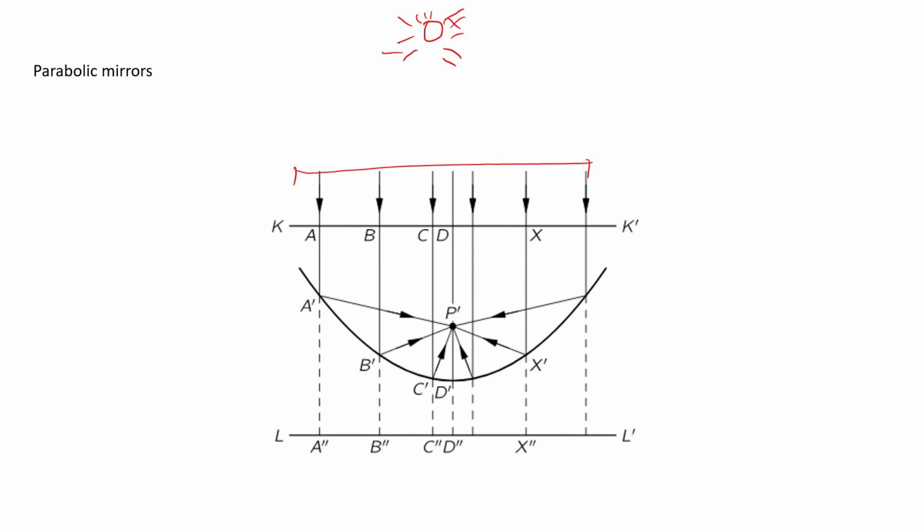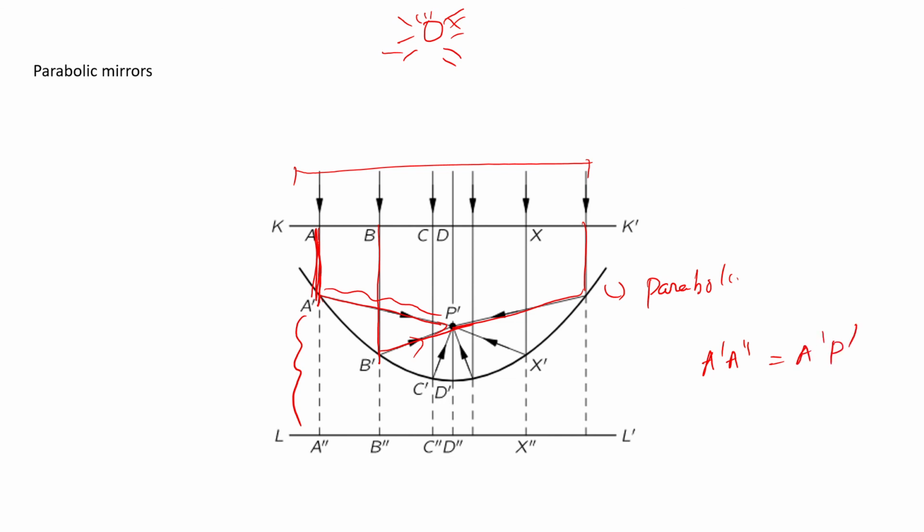Then you can see that the shape of the mirror that you want to choose should be parabolic, because if you look at this ray AA prime, if it hits here, it goes there, and same thing here. Irrespective of where the rays hit, you want to make sure that you have a mirror such that this distance A prime A double prime is equal to this distance A prime P prime.